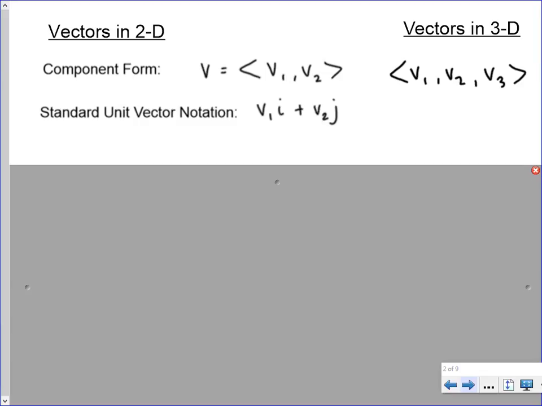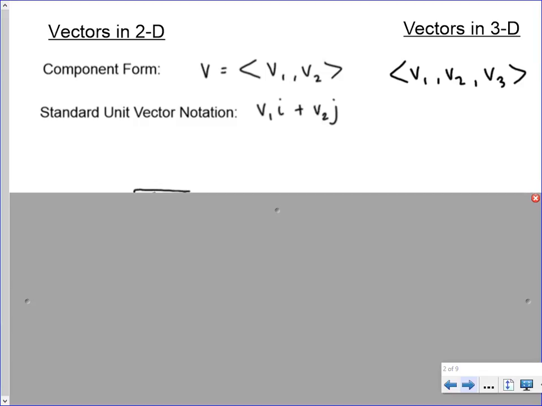And this piece comes from the standard unit vectors i and j, where i was the horizontal component: you have a unit of 1 in the horizontal component, and there is no vertical component, it is 0. And then j was the vector that just moved up. So 0, 1. Those are our standard unit vectors.